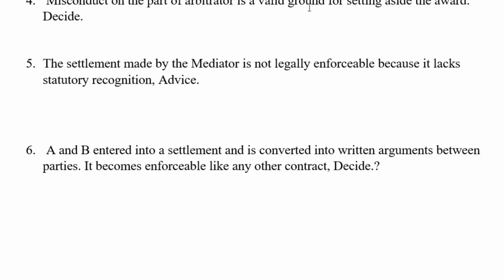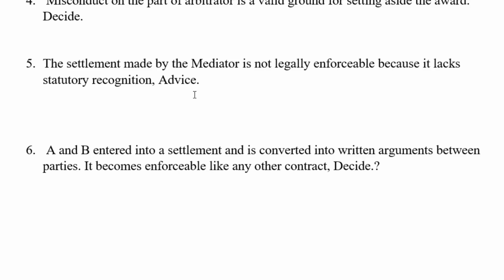Then you have to go with regard to the settlement made by the mediator is not legally enforceable because it lacks the statutory recognition. Advice. So this is the question that has been given. You have to write the entire thing with regard to the mediation. That means, as you know, this mediation is not as strong as the arbitral award.